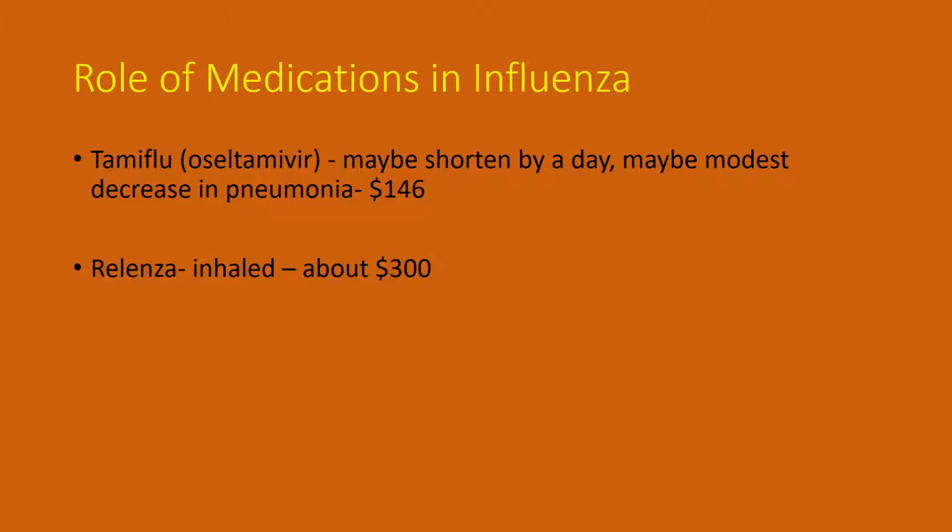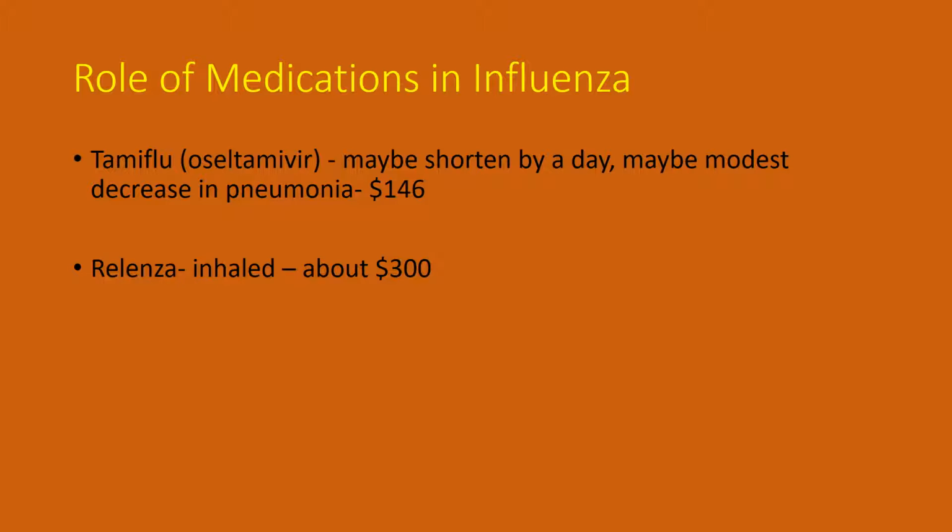There probably is at least some benefit in decreasing the infection potential of this person infecting other people. So that also should be taken into consideration. If I have someone that is around someone that's undergoing chemotherapy or otherwise immunosuppressed, I'm much more likely to go ahead and put them on the Tamiflu.